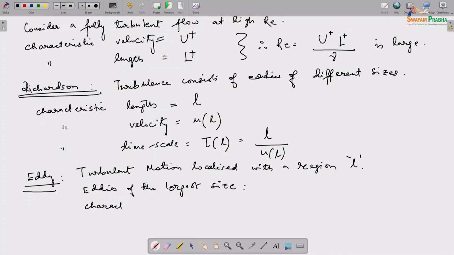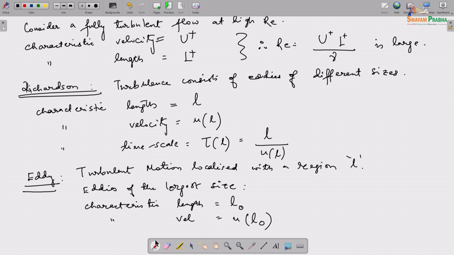The characteristic length is that, and the characteristic velocity is this. I wrote the velocity to be this, and now I am writing the length to be L naught, so the corresponding value is the velocity.